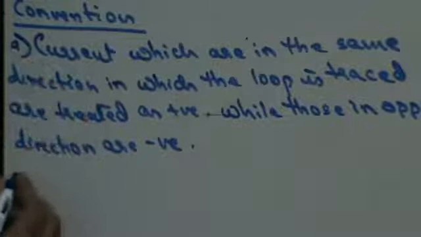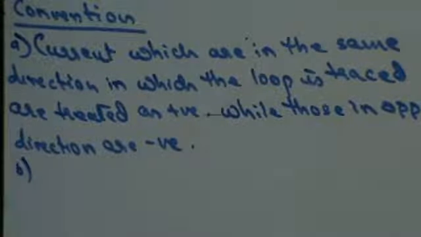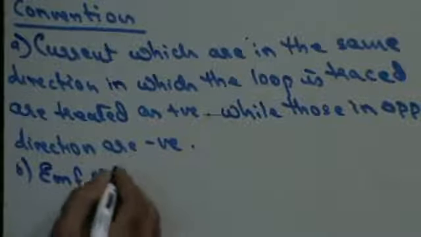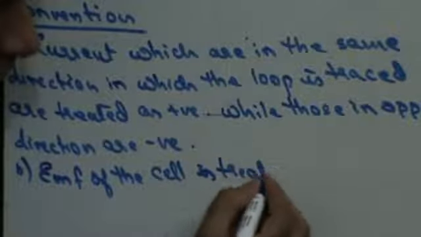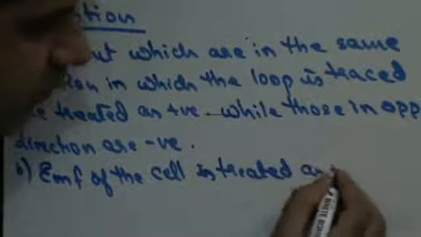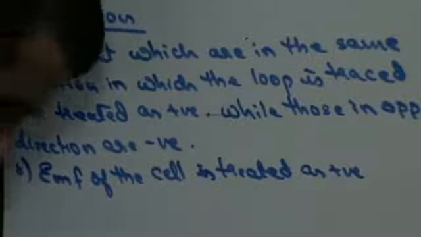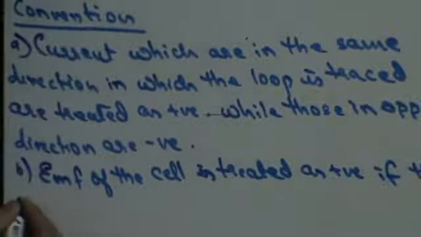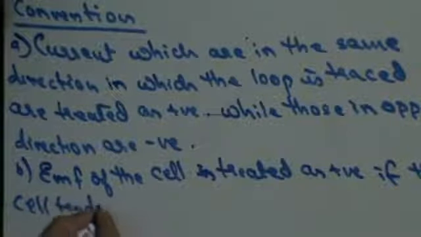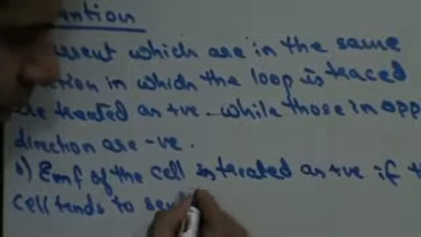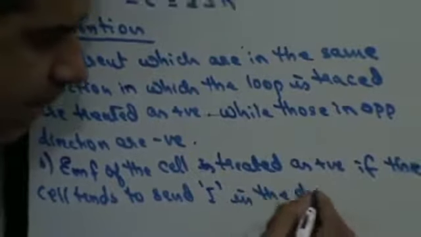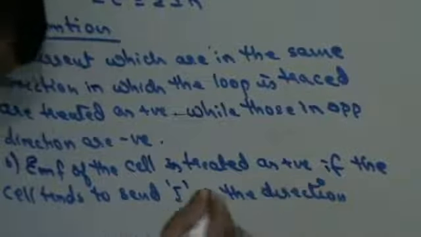Next, the EMF of the cell is treated as positive if the cell tends to send current in the direction in which the loop is traced.